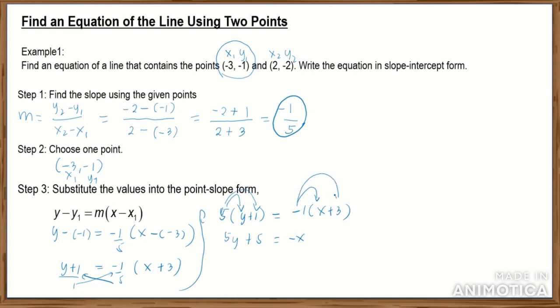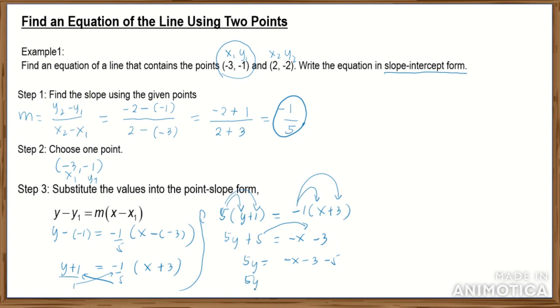Negative 1 times positive 3 is negative 3. We're going to write the equation in the slope-intercept form. So we're going to isolate 5y first on the left side. What's left here is negative x minus 3. Then do not forget to transpose positive 5 to the right side, so it becomes negative 5.